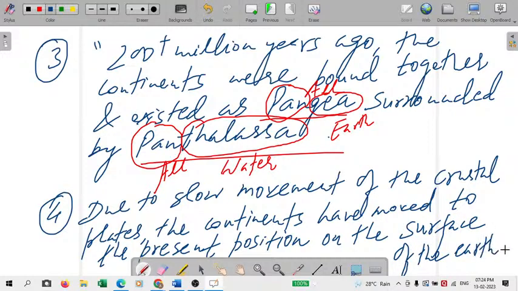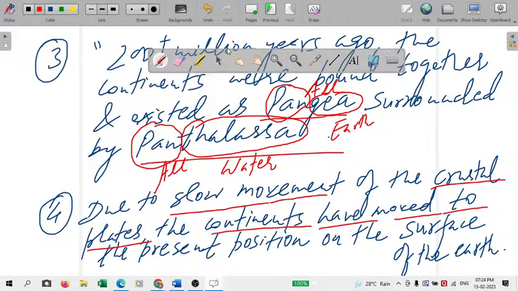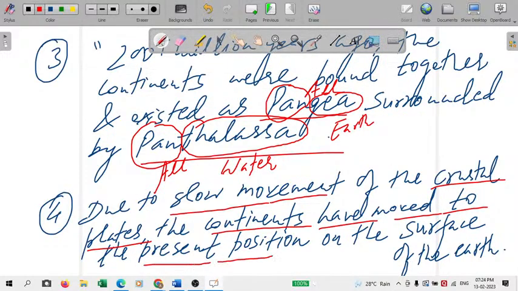Right? Due to slow movement of the crustal plates, the continents have moved to the present position on the surface of the earth.